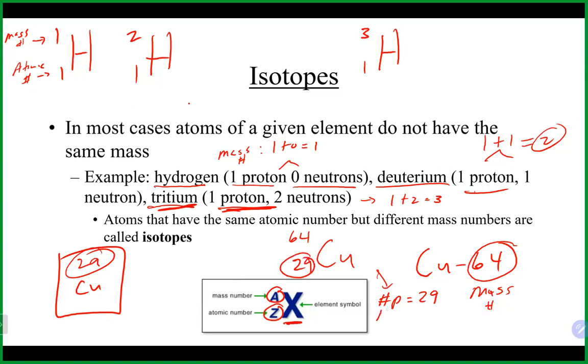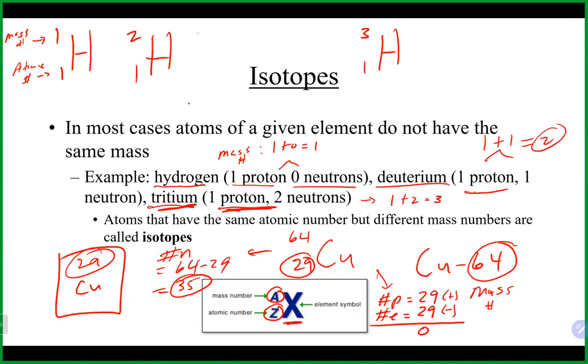In this case, if it's neutral, number of electrons should be 29 as well, right? 29 positives, 29 negatives gives me no charge overall. Number of neutrons in this case would be our mass number minus our atomic number. It's a lot of math there. That's like 35 maybe. I can try it without the calculator, see how I did, hopefully. Any questions on that there?